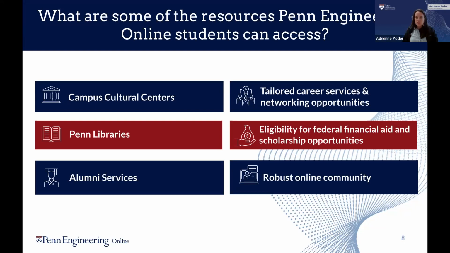You'll even have access to My Penn, which is an online platform for all Penn current students and alumni to interface with each other. And it is like LinkedIn, but it's specific to Penn students, and it provides a little bit more information about the people you're connecting with on there, such as their majors, when they graduated, what areas they're located in, if you want to connect that way.